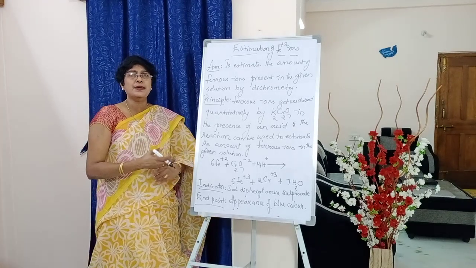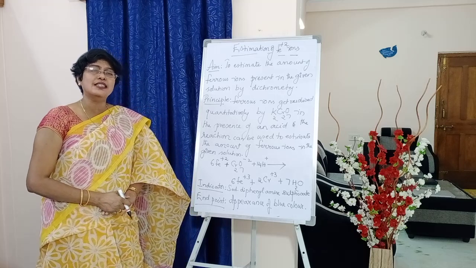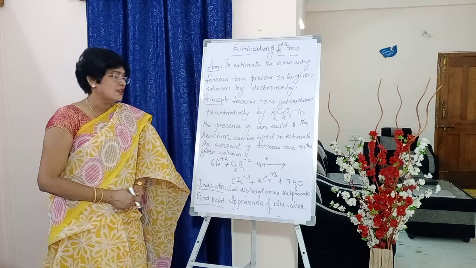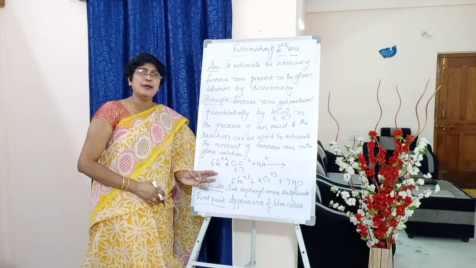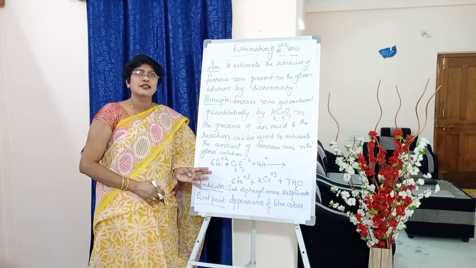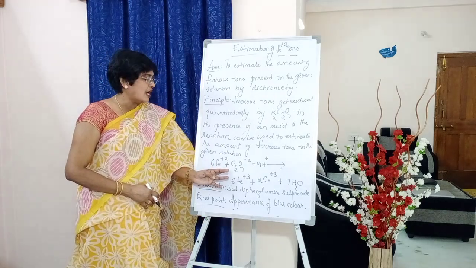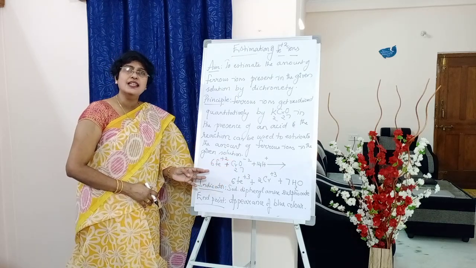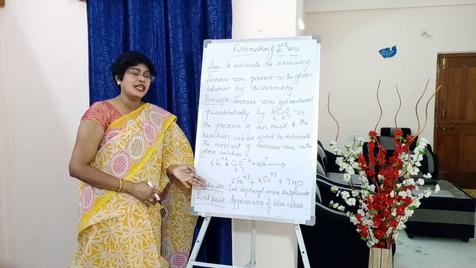Now, put this principle in the form of a reaction. Ferrous ions get oxidized by K2Cr2O7. So we take a ferrous solution. Write down 6Fe+2 plus Cr2O7 2-. This is K2Cr2O7, and this is some ferrous ion solution, for example FeSO4.